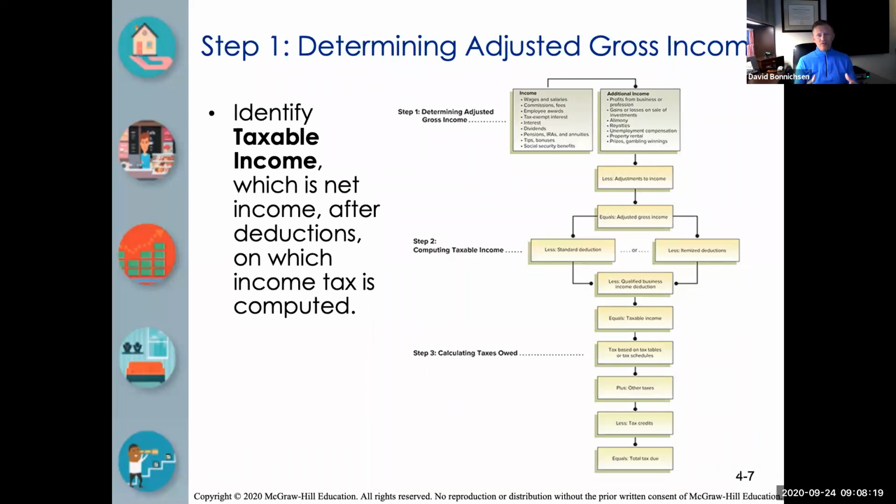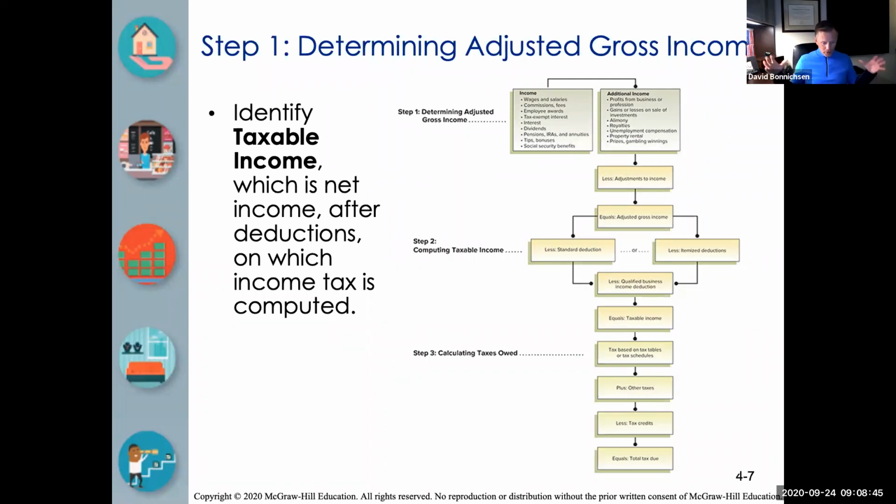So the point here is that we're taking all of our income through many different sources, whether it's personal or through business or any income stream that we may have had, and we're aggregating all of that to determine what our adjusted gross income is. And when we get to the 1040 form, you'll see how this works.